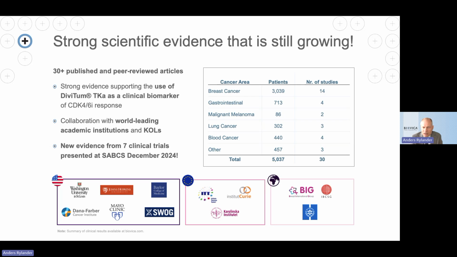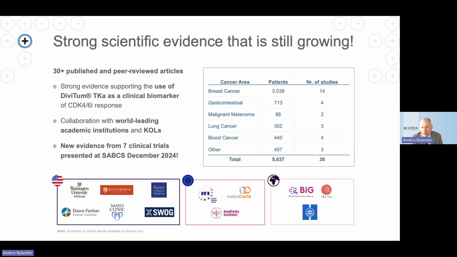The evidence provided from these clinical trials, which has been peer-reviewed and published in leading scientific journals, shows that DiviTum has value both before start of treatment and during treatment, and can be an indicator if the patient is responding to treatment or is progressing and action needs to be taken.